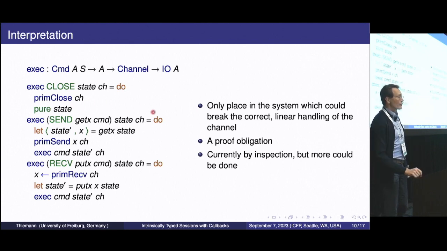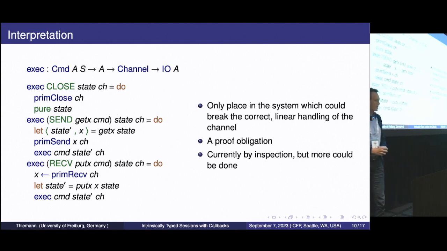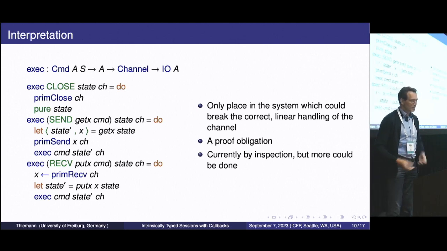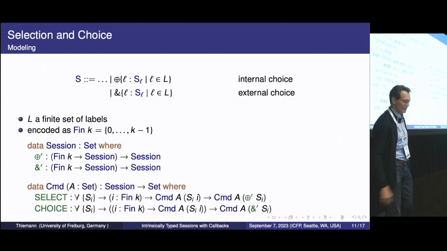That's, of course, a proof obligation. Right now, this is done by inspection. I believe more could be done about that. I have some ideas, but I'm hoping that some clever person in the audience maybe comes up with a clever way of getting rid of this proof obligation.